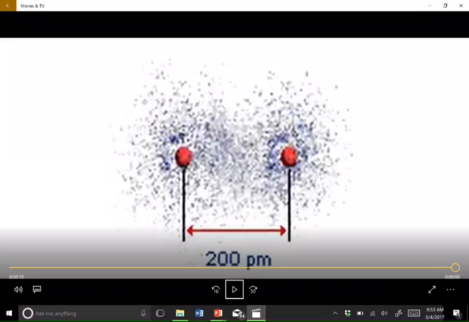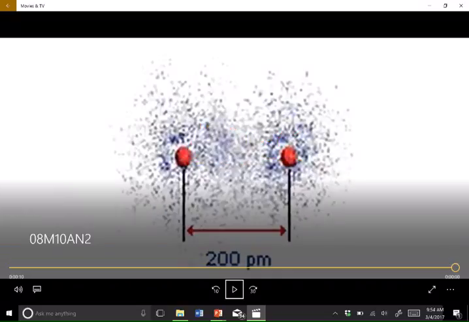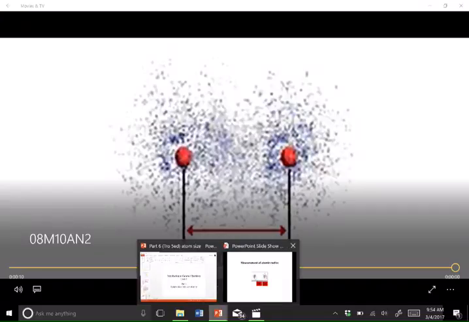And I think I can draw on this. If the radius is 100 picometers, then when it connects with a fellow chlorine atom, you add another 100 picometers, and we get the bond length between the nuclei as 200 picometers. That's all that's saying.